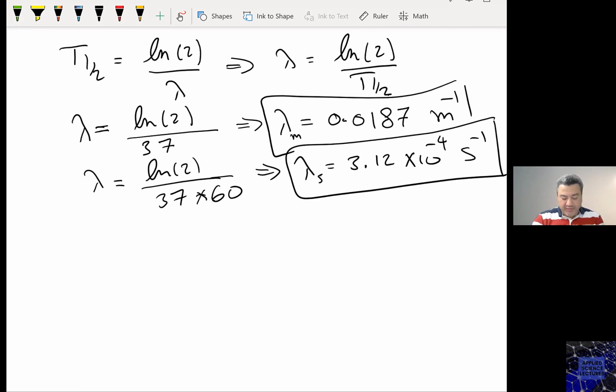Okay, so we have the activity A as lambda N naught e to the power minus lambda t.